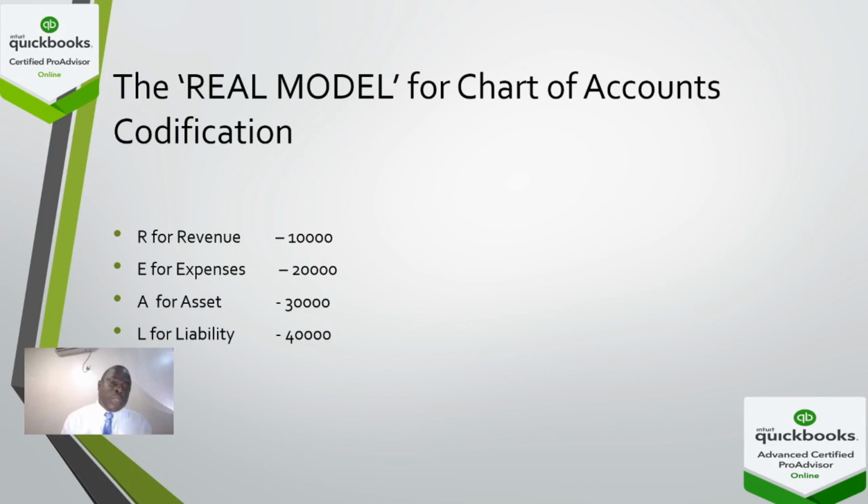So we use the 20,000 series to classify any account that has to do with expenses. And we use the 30,000 series to classify the asset related accounts. For liability, we are going to use the 40,000 series to classify all accounts that relate to liability.